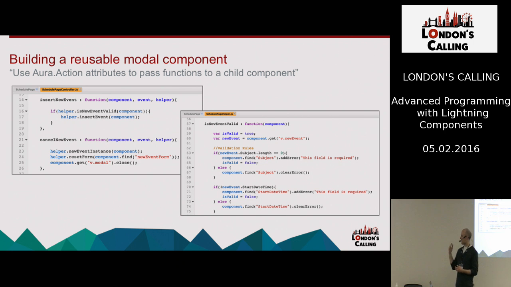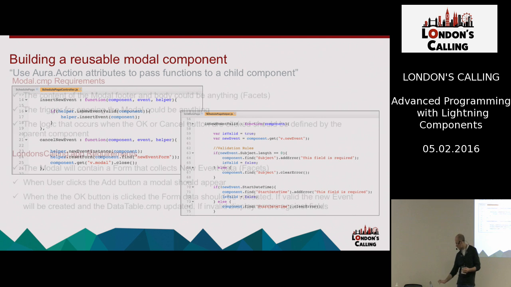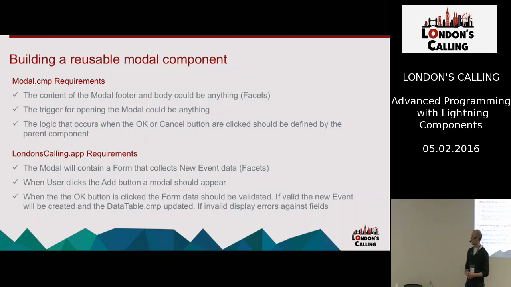If we cancel the new event, we are going to reset the form and close the modal. So using both those functions, we have now completely built out our modal in the context of the London's Calling app, and we have satisfied all three requirements from both the generic modal side, but also from the London's Calling app.